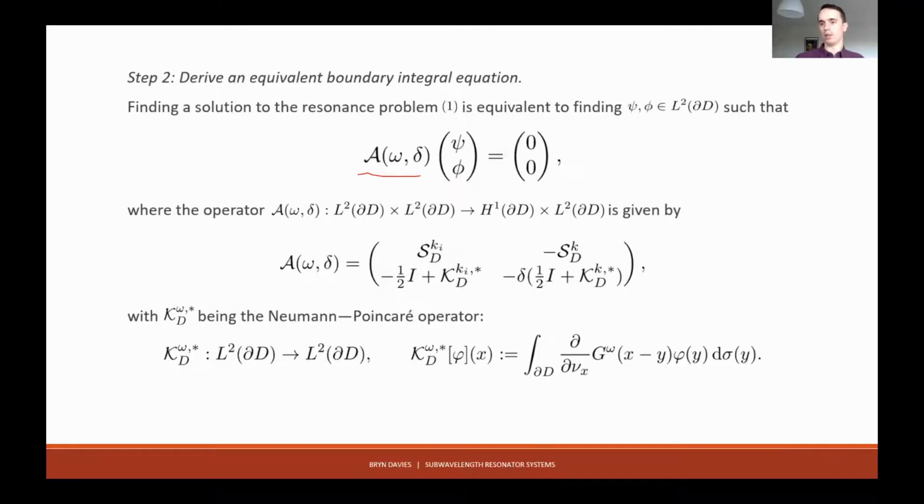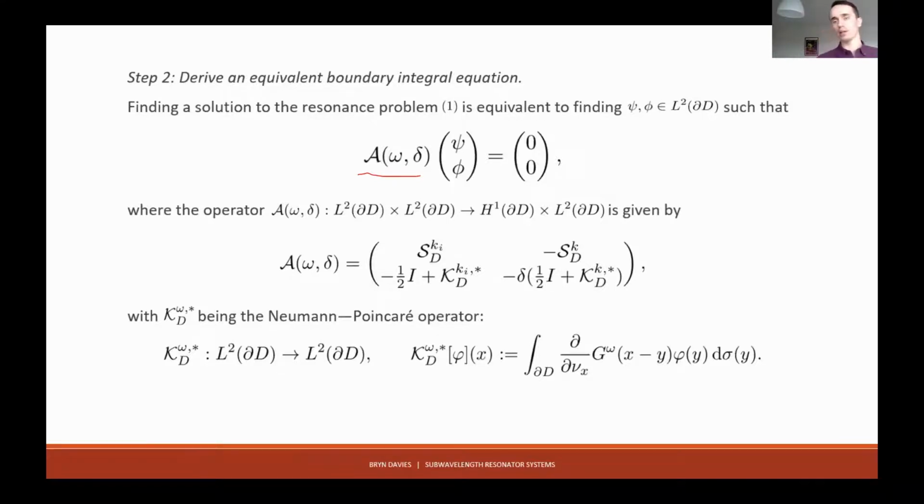In particular, given this definition of subwavelength resonance that we made a moment ago, which is that small delta implies small omega, we're interested in studying the kernel of this operator A in the case of small omega and delta.